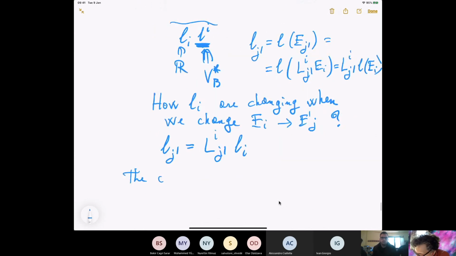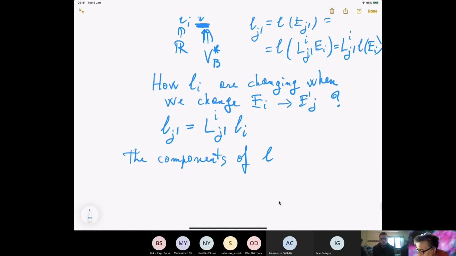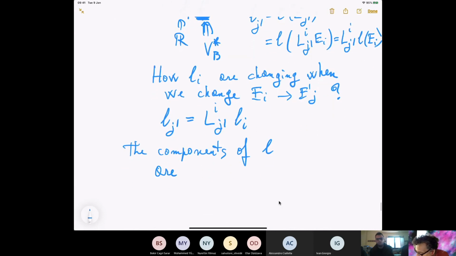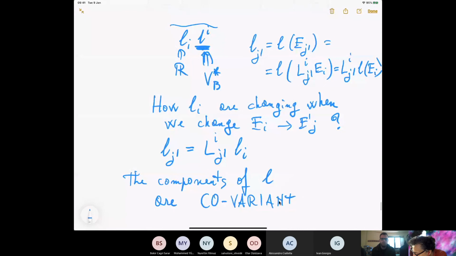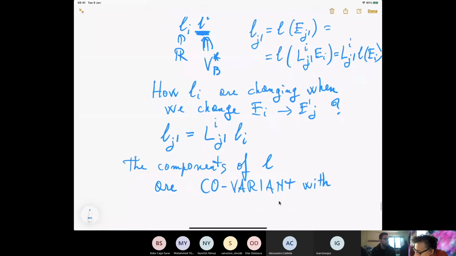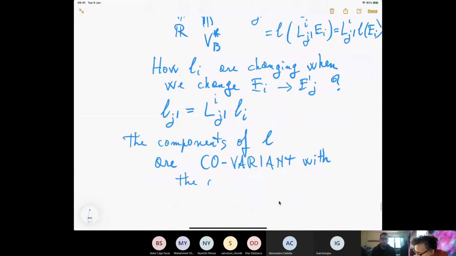The components of L are covariant with the change e_i into e'_j.